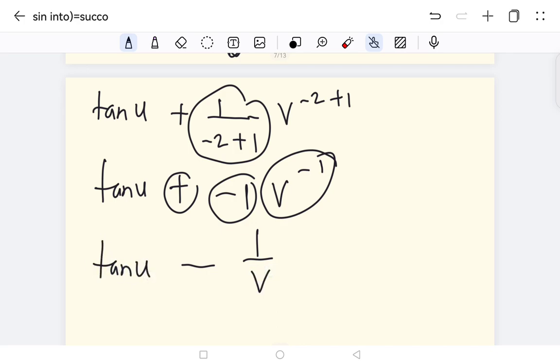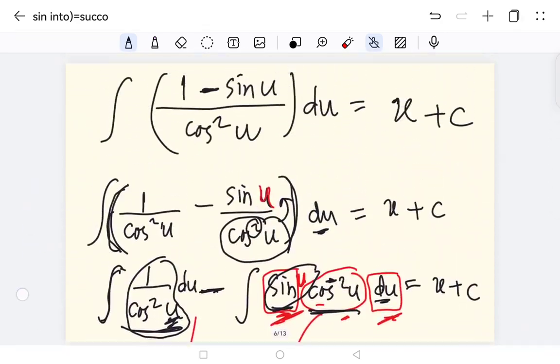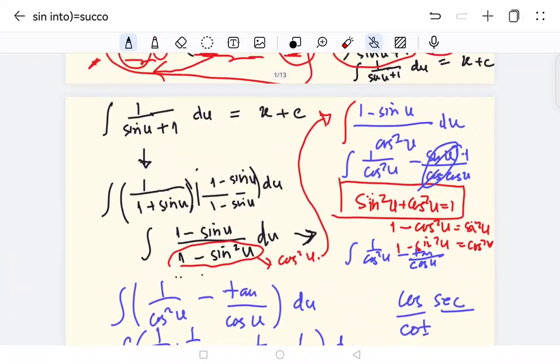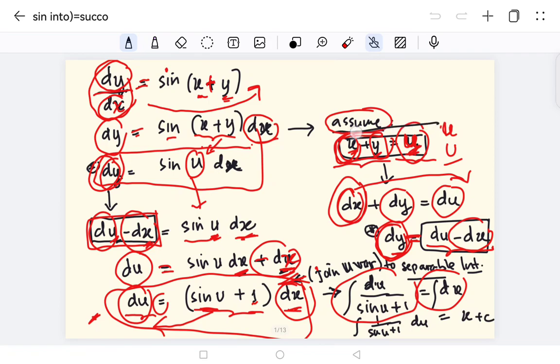Tangent u. Okay, remember u, who is variable v. So u is, from the beginning, x plus y, right? Yes, u is x plus y.